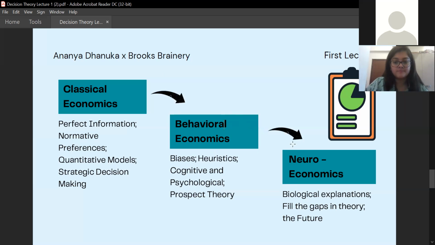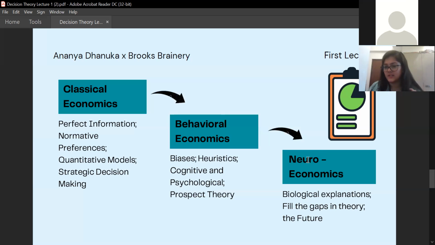Please go ahead. Okay, so neuroeconomics is what we're going to essentially end our class with: how has decision making evolved, and why are we so committed towards understanding how we are taking these decisions. At this point our sciences have grown so much that we can literally use neuroscience. That's where it's coming from. Like behavioral economics is essentially economics plus psychology, but a lot of other things as well.